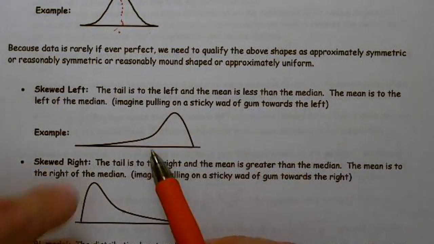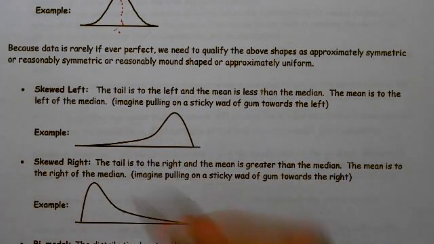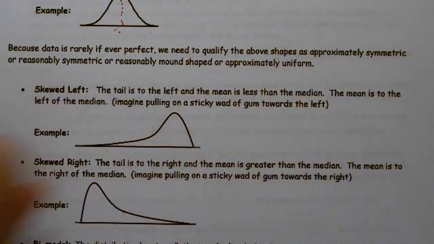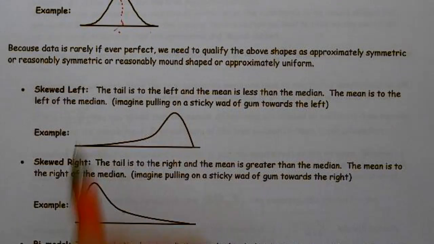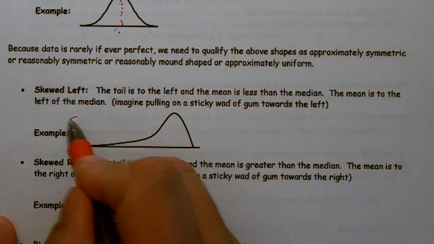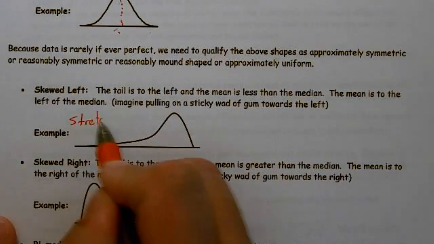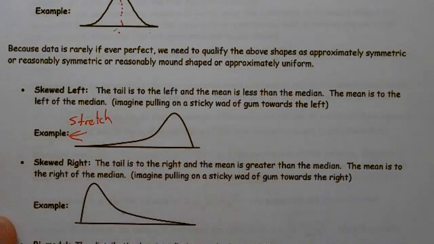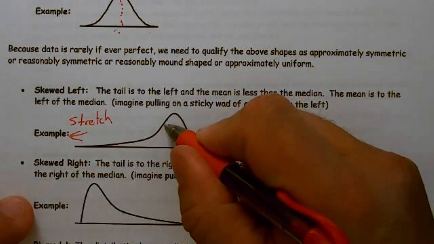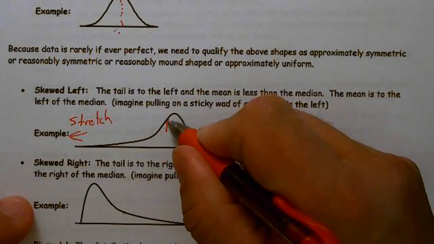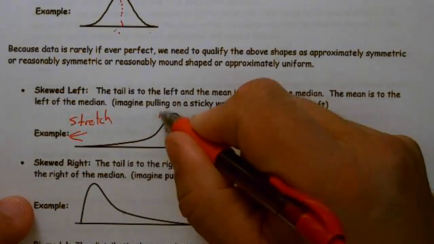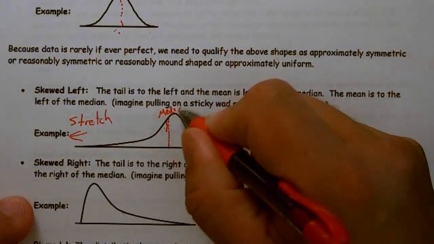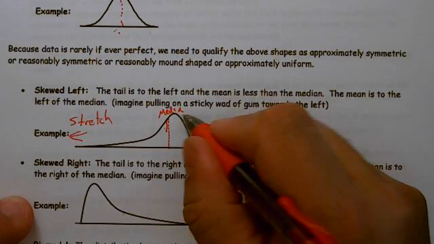median. So I like to think of a piece of sticky gum, and I put it on the ground and I stretched it off to the left, because it looks like I'm stretching it this way. I'm stretching it to the left. So this is going to be called skewed left. And the median probably occurs somewhere around here. So that's the median.